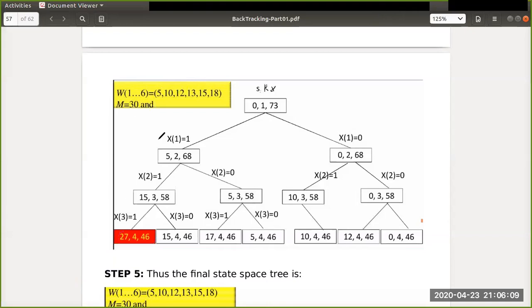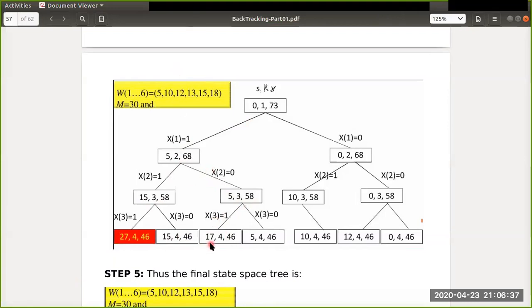Now let's see the right side. I did not include the third weight, so 15 is the same, and the fourth iteration is 46, as we know. Suppose I go this side, 5 and 58, we know that. If I include the third item weight, meaning the first item is included, the second not included, but the third included, it will be 5, the first item weight, plus 12, the third item weight, that means 17.